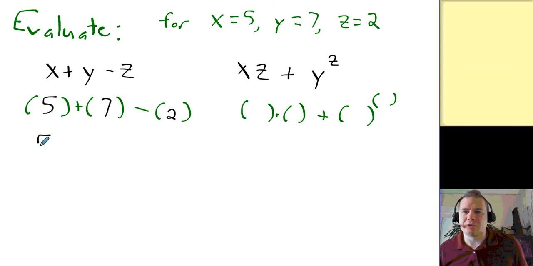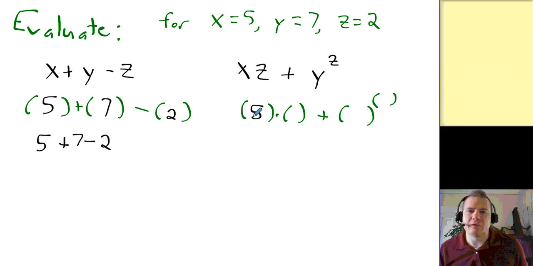So my expression is 5 plus 7 minus 2. Here x is 5, z is 2, so that's 5 times 2, not 52. Right? It's important to recognize that multiplication there.